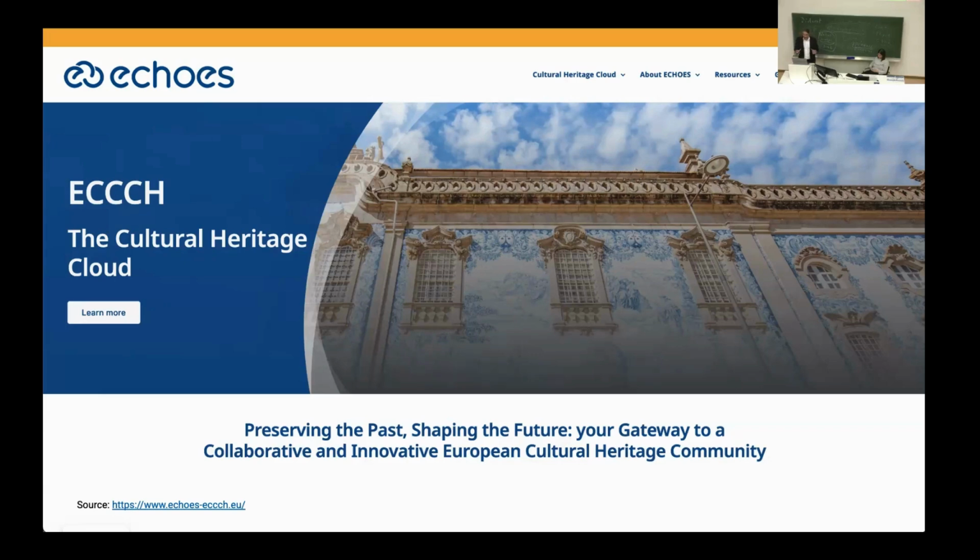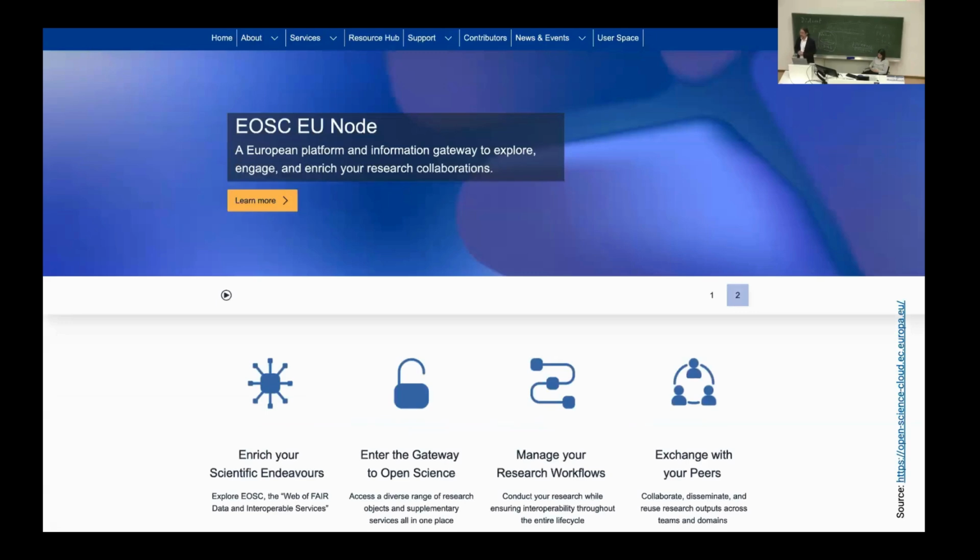And finally, please stay with me, you also have the European Open Science Cloud, which is another major endeavor. And this is more, as you can see here on the screen, directed towards research and research methods that are enhanced digitally. So it's about compute space, it's about storage, at the same time it's about data sharing.